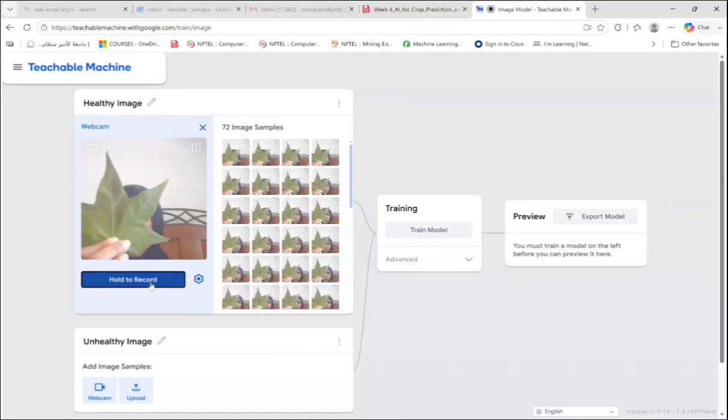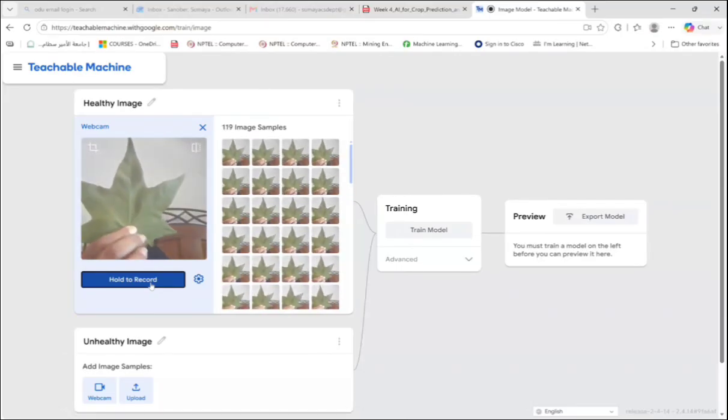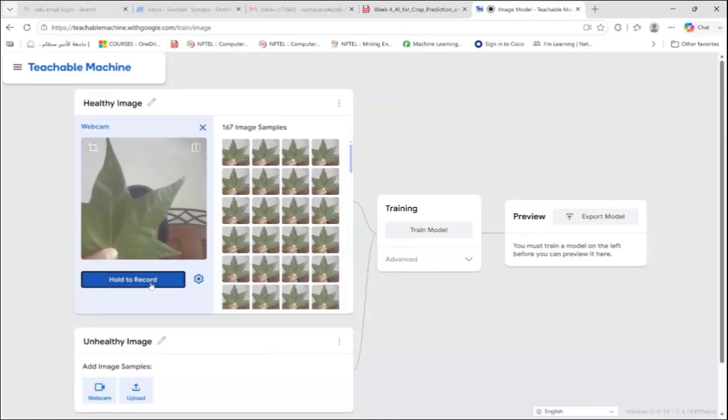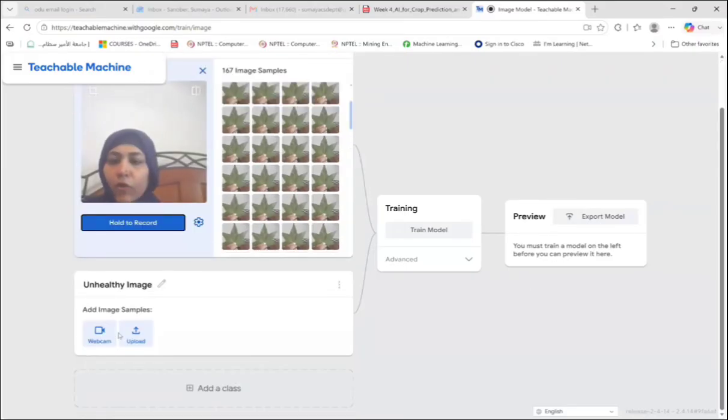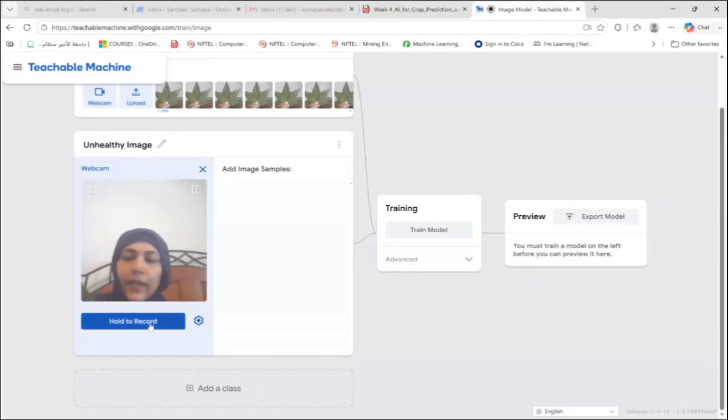Do you see that I am recording that this is what my sample looks like for the leaf? Yes, ma'am. That was for the healthy leaf, right? Now I'm going to do the same thing for my unhealthy leaf.